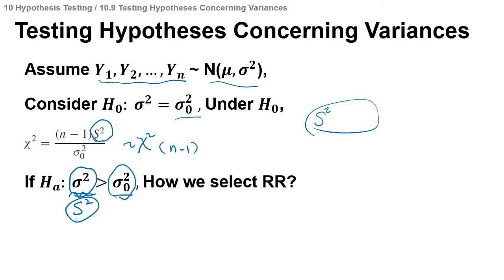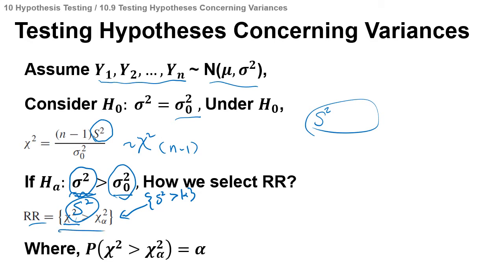A large S square estimate is evidence that the true sigma square is greater than sigma 0 square. So the rejection region would be that our calculated chi-square value is greater than something. Actually, this is the same as S square being greater than K.